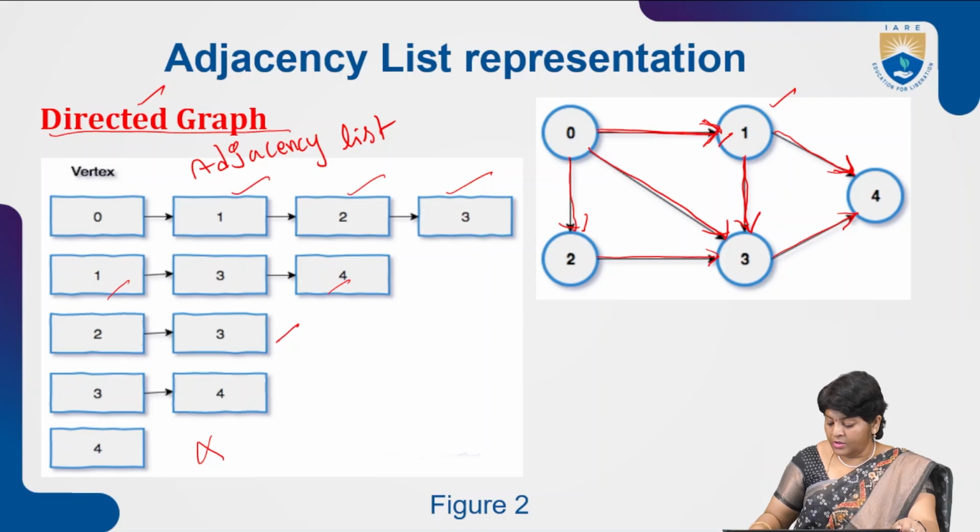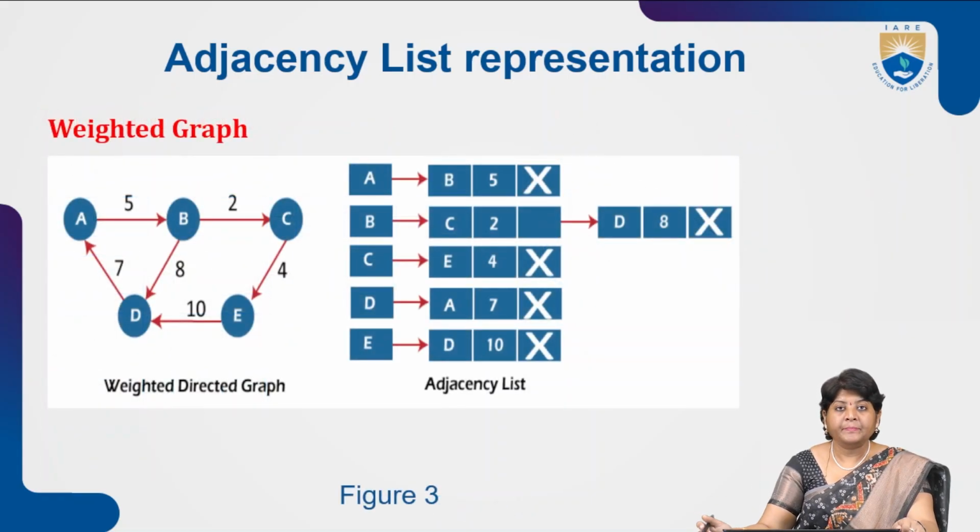Now, one more case is there, a weighted graph, which is directed. Similarly, we can also consider a weighted graph which is not directed. When we are discussing an adjacency matrix, if the edge connection is there, we will mark it as 1.